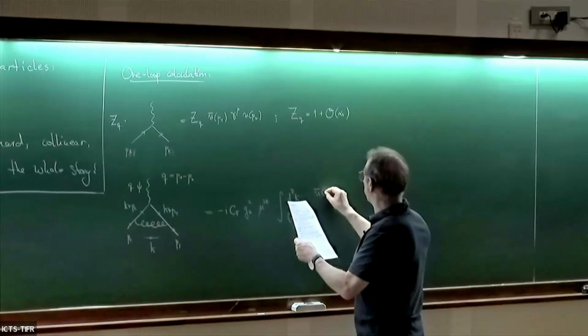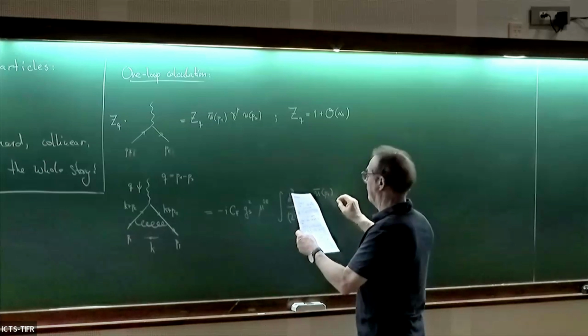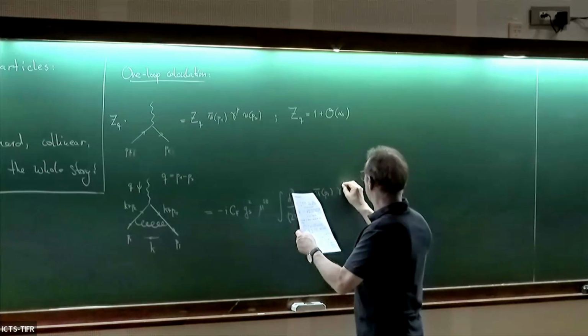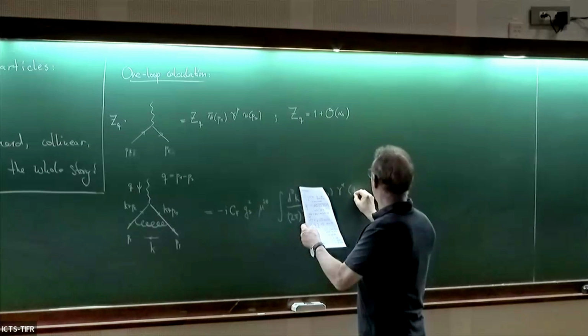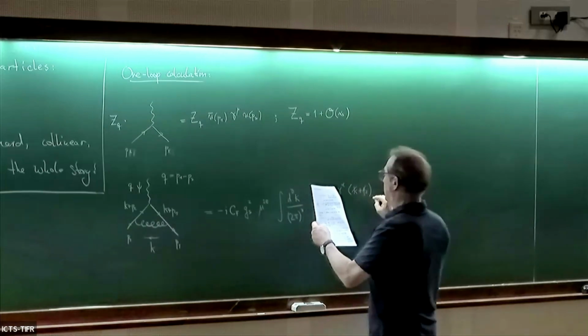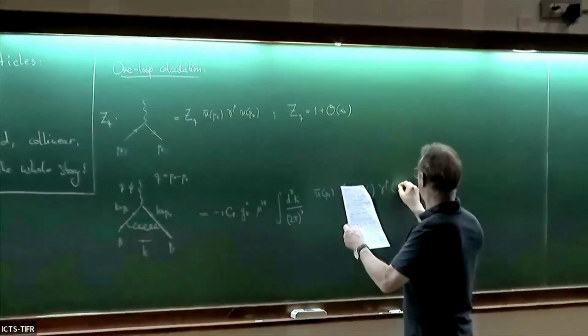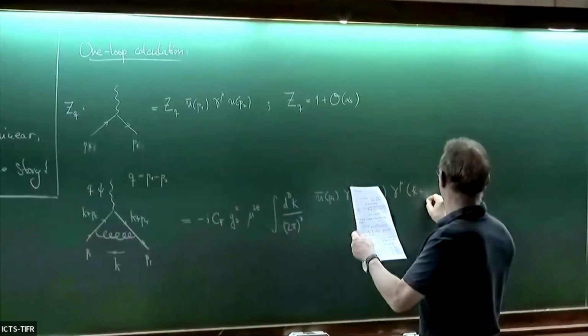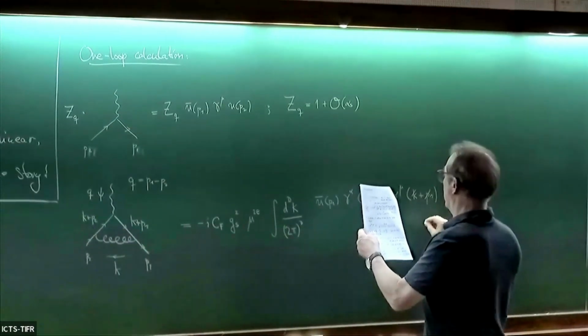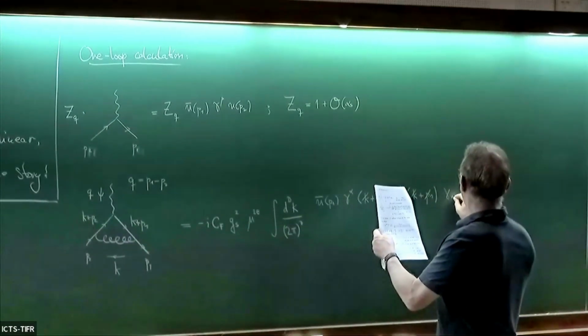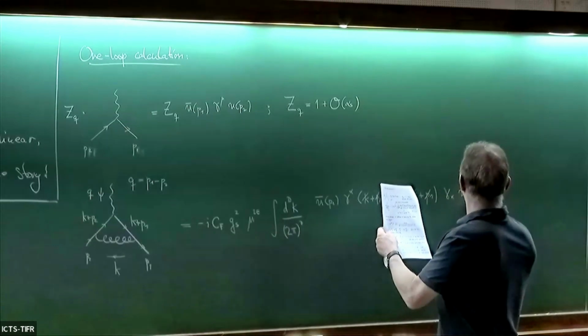Then u bar of p1, gamma alpha, k slash plus p2 slash. You don't need to really work this out, but you should understand the structure in a second when I'm done writing. Gamma alpha u of p2.